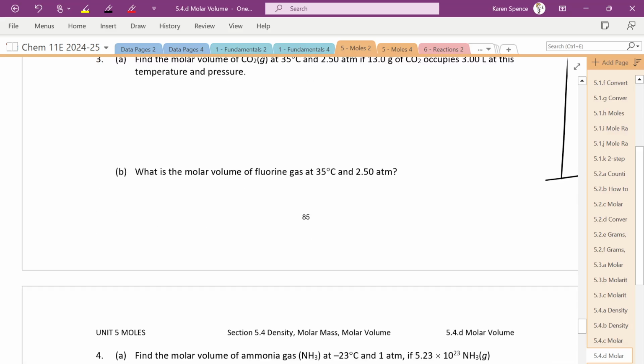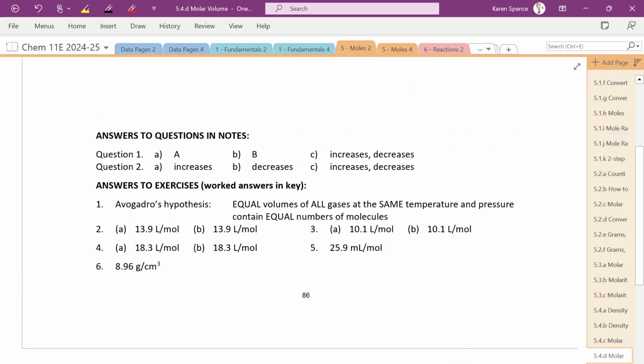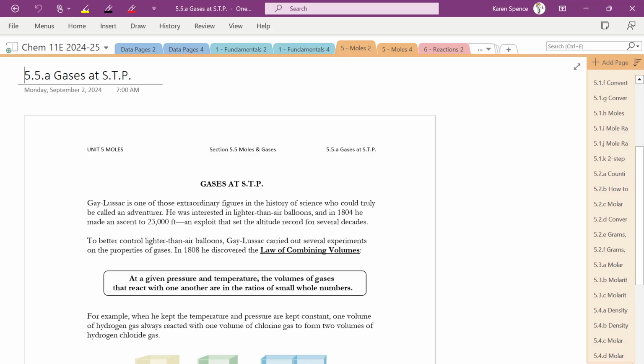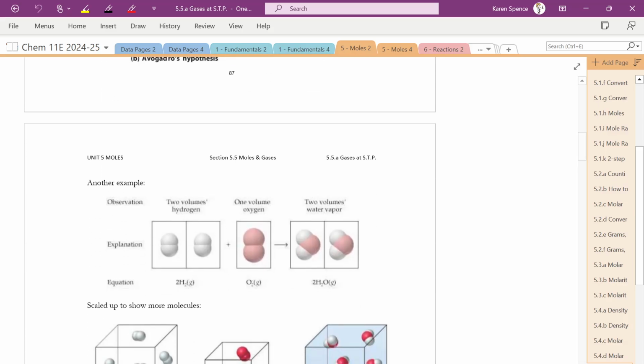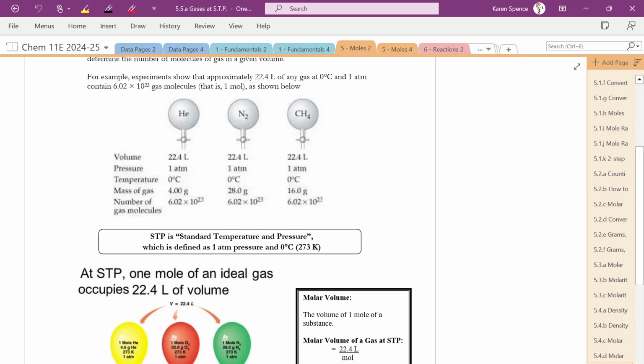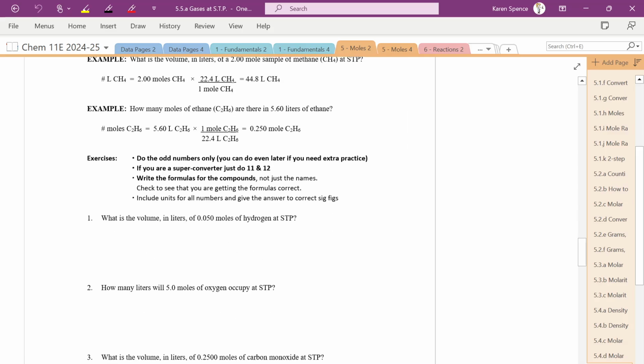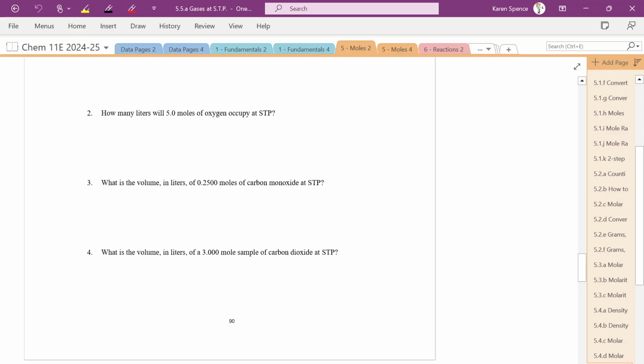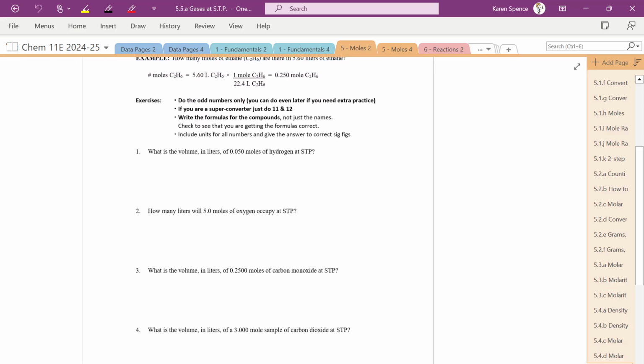So there's some exercises here. You did page 85. Today you could do page 86. How did you guys feel about the exercises on page 90?